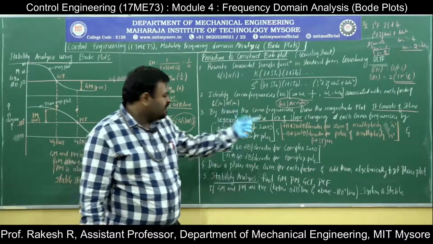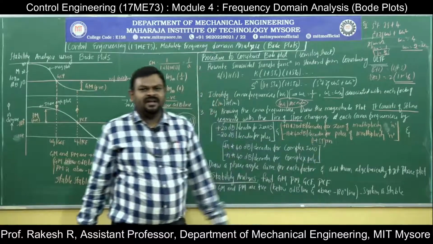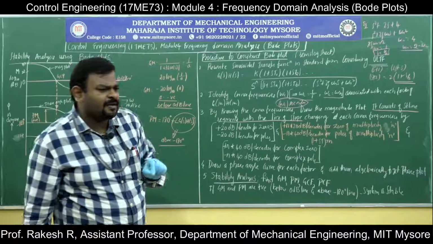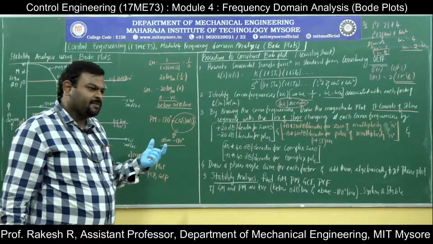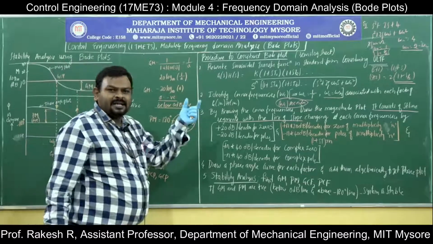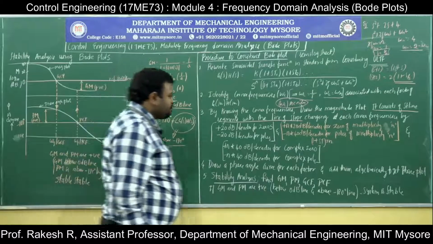It's the same thing. So if this is in the denominator, minus n. The index is what you have to take. By seeing the index, you have to be able to locate whether it is a pole or zero. If it is plus n, it is a zero. If it is minus n, it is a pole, because the s terms will be in the denominator, and denominators represent the poles.